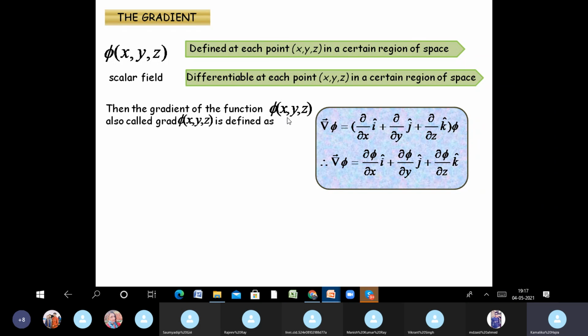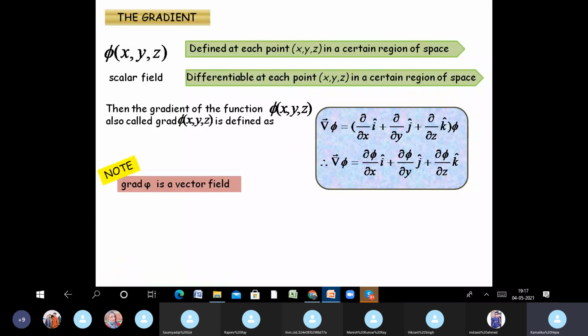Now remember, the function phi was a scalar, but clearly when you take its gradient, it has clear components along the i, j and k directions, right? So the gradient of the scalar function is clearly a vector. So basically the grad operator, when operating on a scalar function, converts it into a vector function.